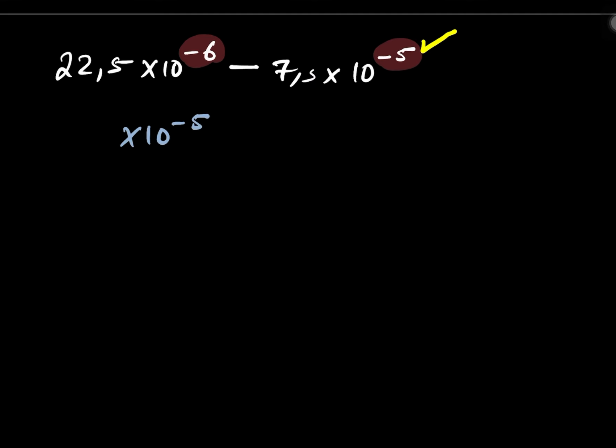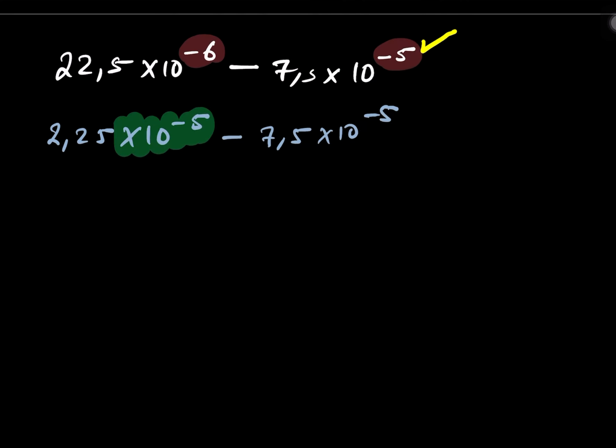And then because you now added 1 to that power, this must be moved to the left. You move to the left there, that is going to be 2.25. You can now have minus 7.3 multiplied by 10 to the power negative 5. And these are now like terms, primarily because that one and that one are now the same.